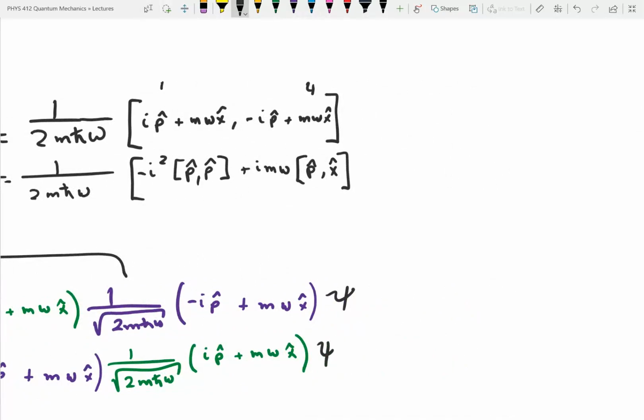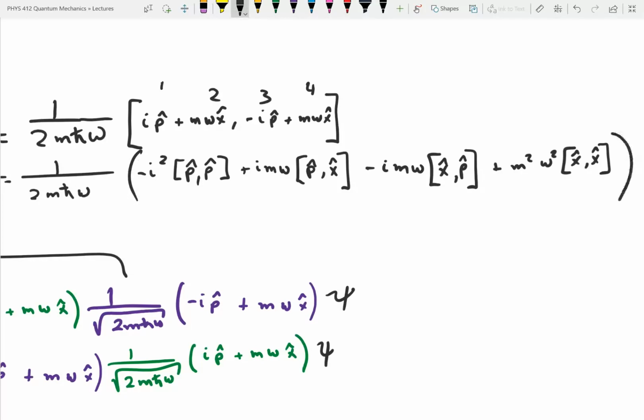And then I'll have that is this one and this one. And finally, I'm going to change that to a parenthesis so it doesn't look like some kind of nested commutator, because you can't have nested commutators if you feel the need.